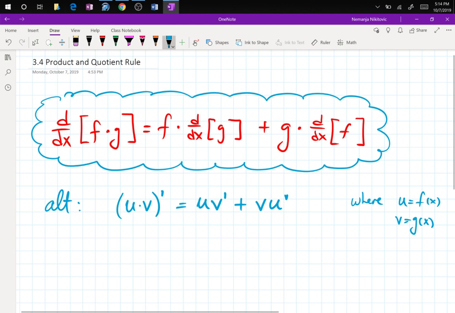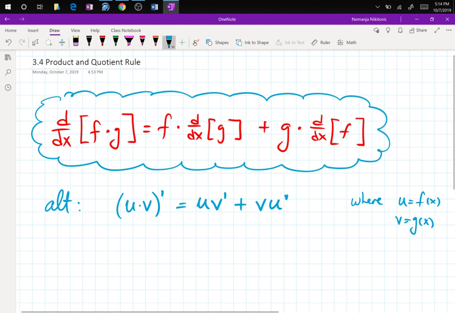Because you have the first and the second function. First is f, second one is g. I don't know why I remembered it like that, but this is the only formula which I remembered in that way. So that's the fun fact of the day.